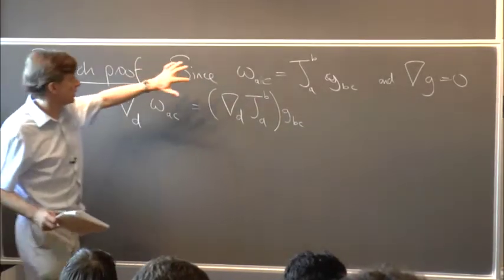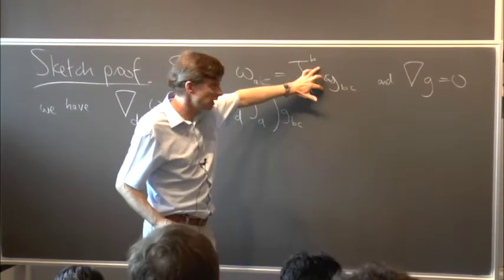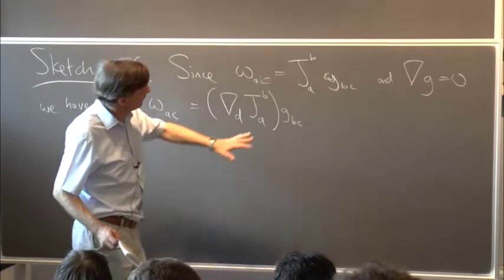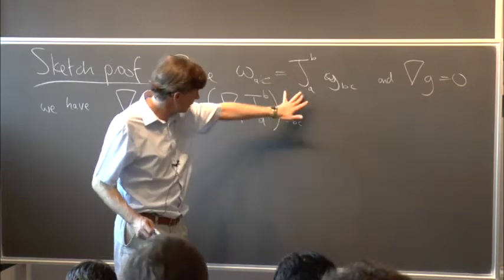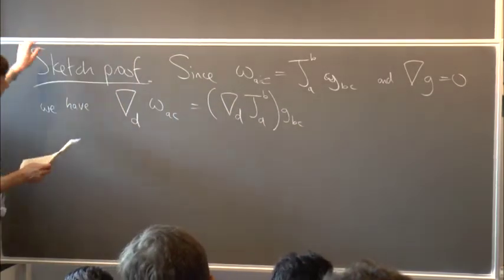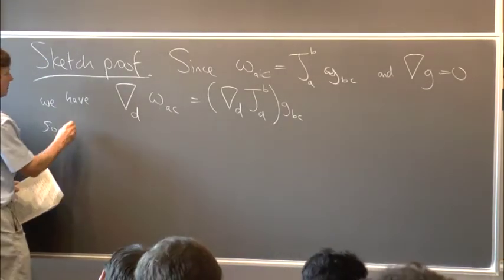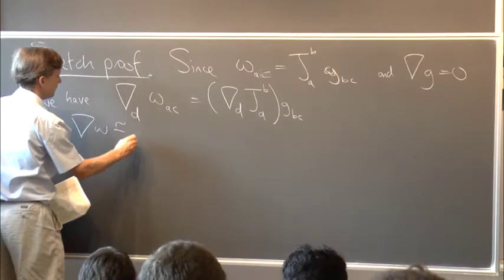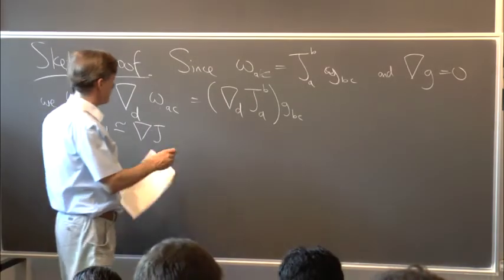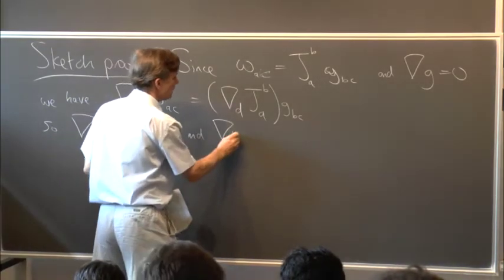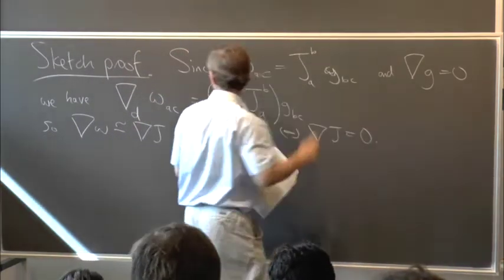Ordinarily, when you differentiate a product, you use the product rule, so you get the derivative of J times g plus J times the derivative of g, but the derivative of g is 0. And this operation of using g to lower an index is invertible. So nabla of omega is more or less the same thing as nabla of J, up to these invertible linear operations, and nabla of omega equals 0 if and only if nabla of J equals 0.